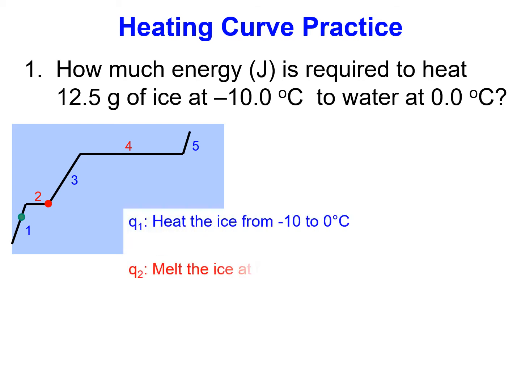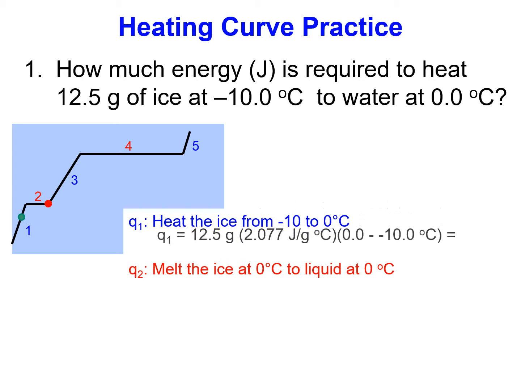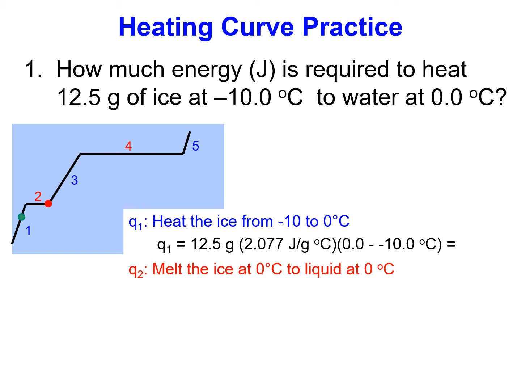You first have to heat the ice from minus 10 to 0. You're changing the temperature. You would need your mass times the specific heat of the solid times the change in temperature, 0 minus minus 10.